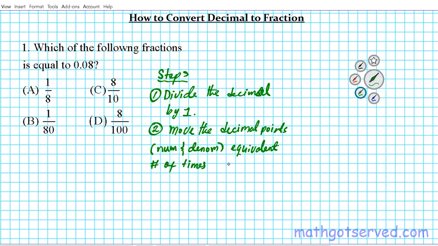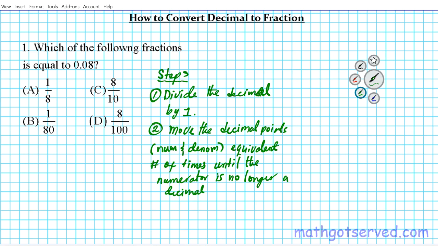The focus is on the numerator, okay? Until the numerator is no longer a decimal. Okay? All right. So let's go ahead and do a real quick review on this.